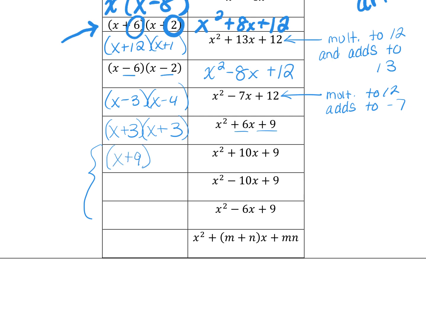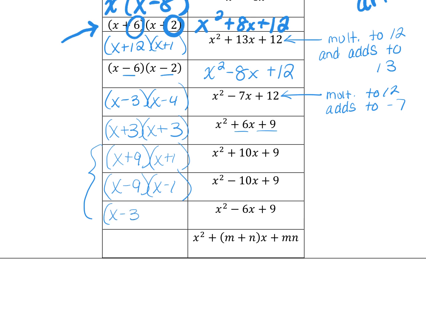So for this one, I would have x plus 9 and x plus 1. Again, that multiplies to 9 but adds to 10. Kind of similar in the next one because you're still trying to multiply to 9, but now you want to add to negative 10. So what you'd want to do is have negative values, right? That negative is going to multiply to a positive, but add to a negative.